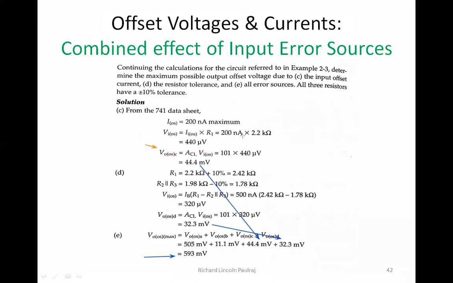Yes or no? So knowing this formula is important. And just substituting, based on the question asked, based on the tolerances, the tolerance is given plus or minus 10%.